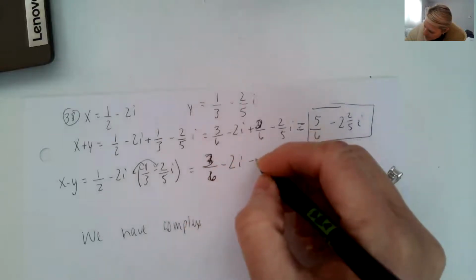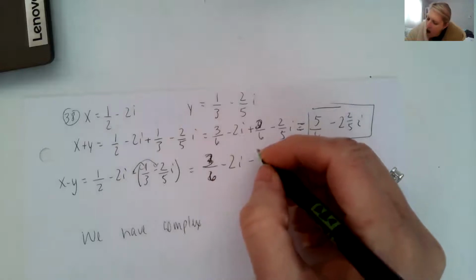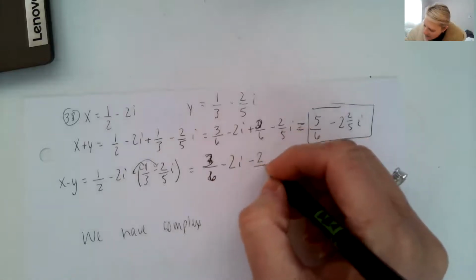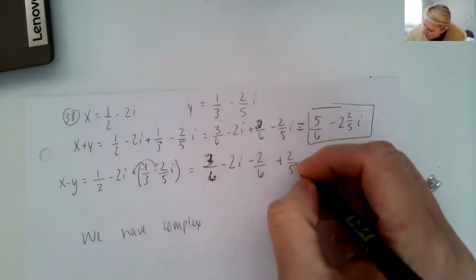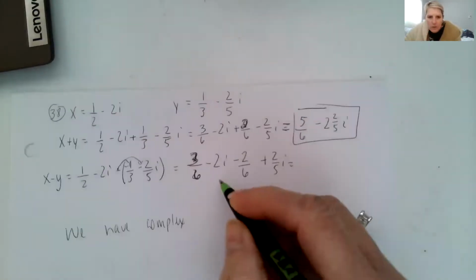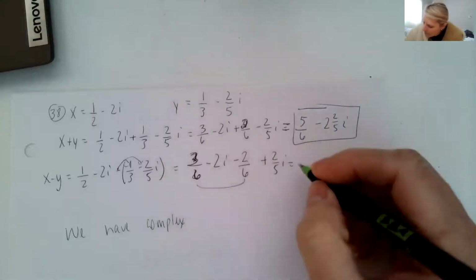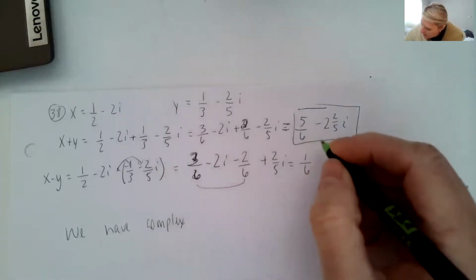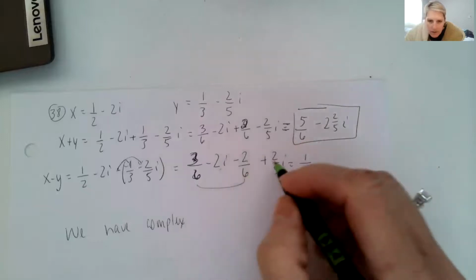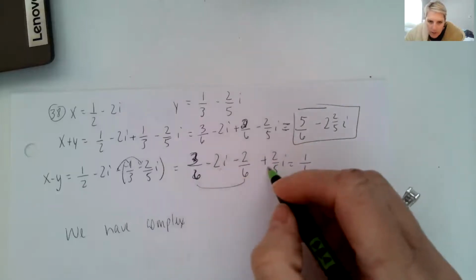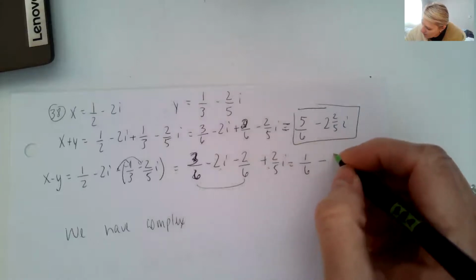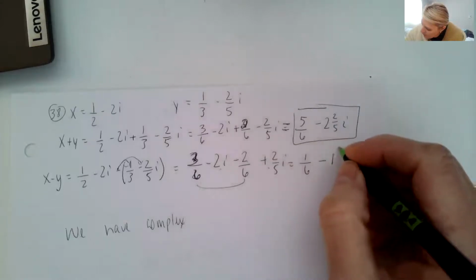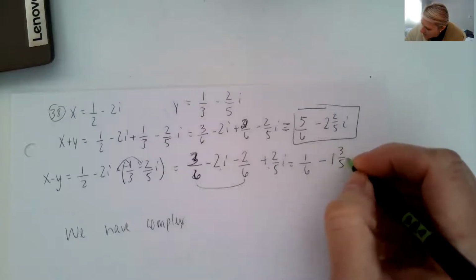And then we're going to distribute. So it's a negative 2/6 and then a positive 2/5 i. So when we combine our real portions, we really only have 1/6, and then a negative 2 and a positive 2/5 is 1. It leaves a negative 1 and 3/5 i.